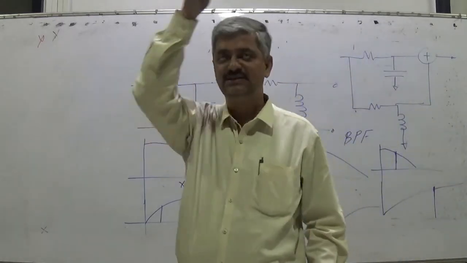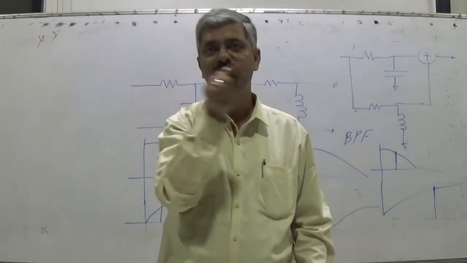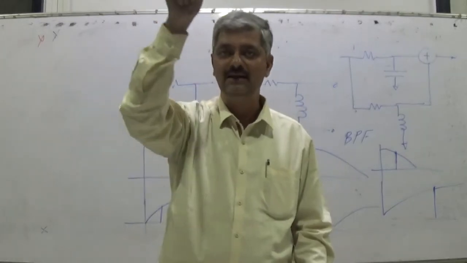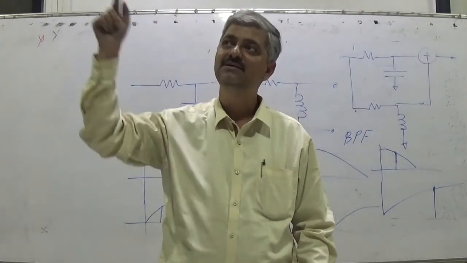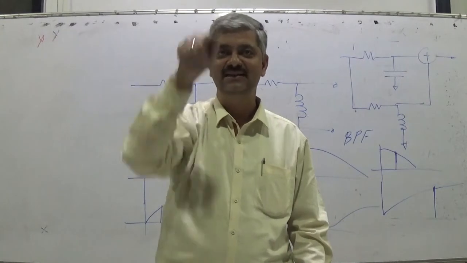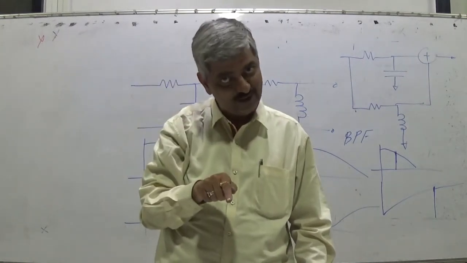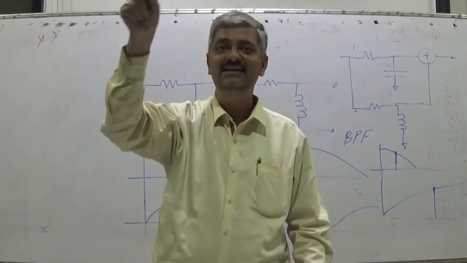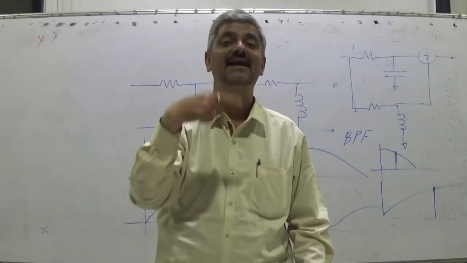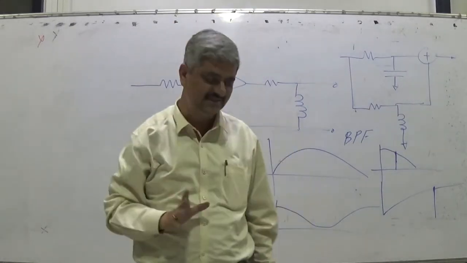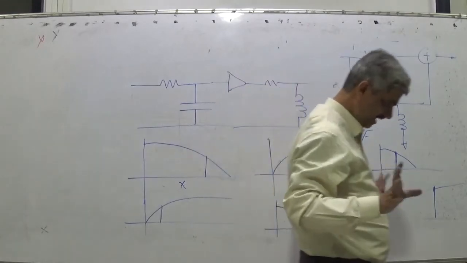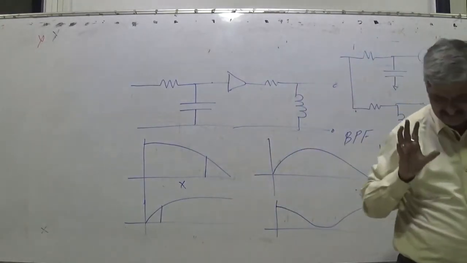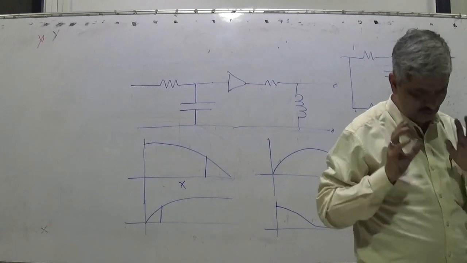R and then C is low pass, R and then L is high pass, C and then R is also high pass, L and then R is again low pass. So I think this is very easy. I hope that I explained filters, which is a very simple thing, in the smallest possible time.